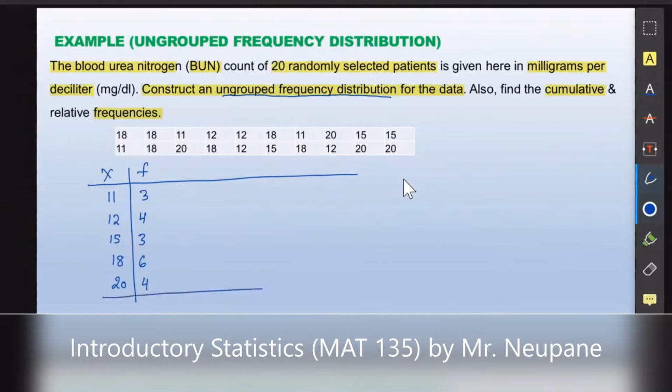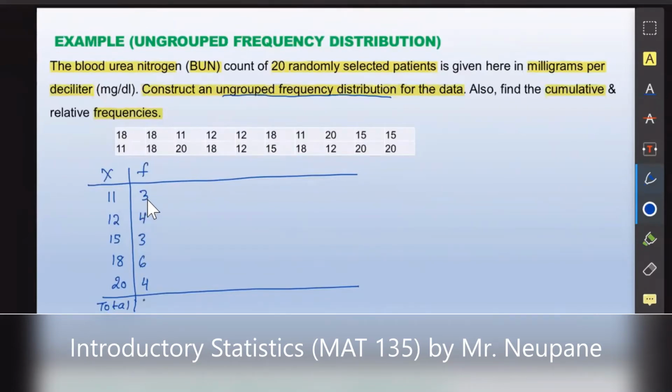This is our frequency table, but we are asked to do a little more on this one. We can always find the total if we want. We don't normally add the X values, but we add the frequency. 3 plus 4 is 7, 7 plus 3 is 10, 10 plus 6 is 16, 16 plus 4 is 20.